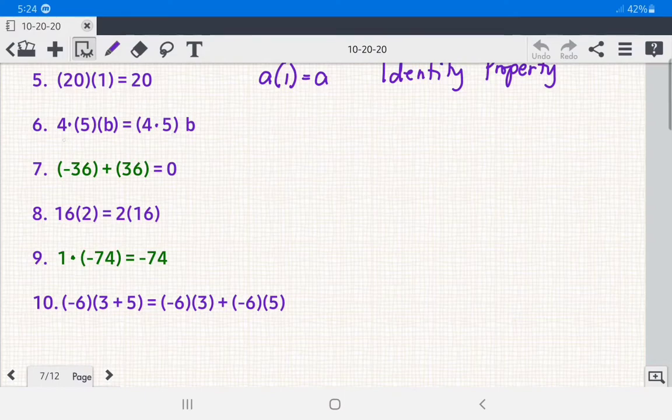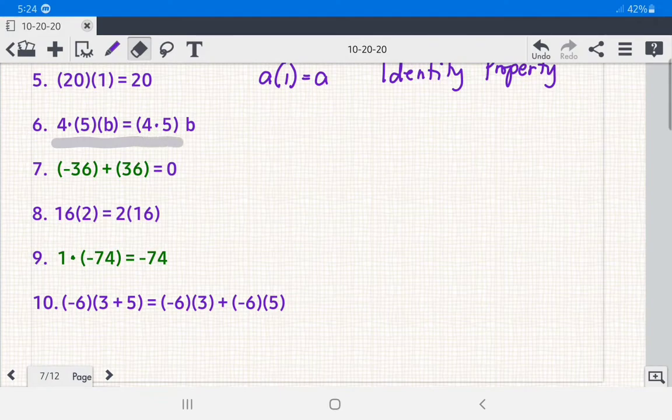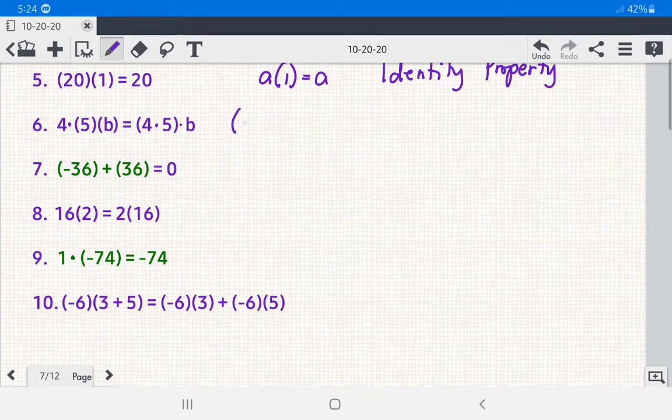We have 4 times 5 times B is equal to 4 times 5 times B. Okay. So, number 6 illustrates associative property, that if we have AB times C, this is equal to A times the quantity BC. Okay. So, this is associative property.